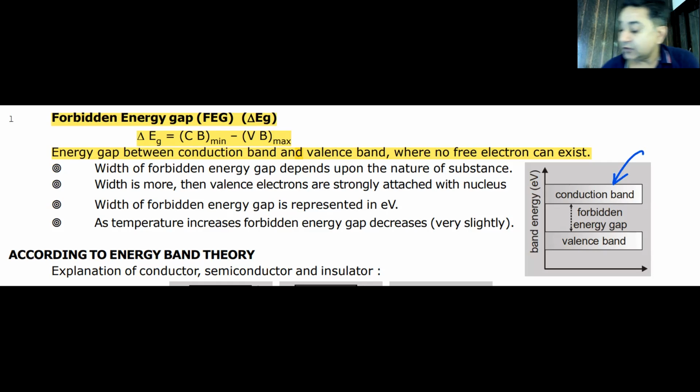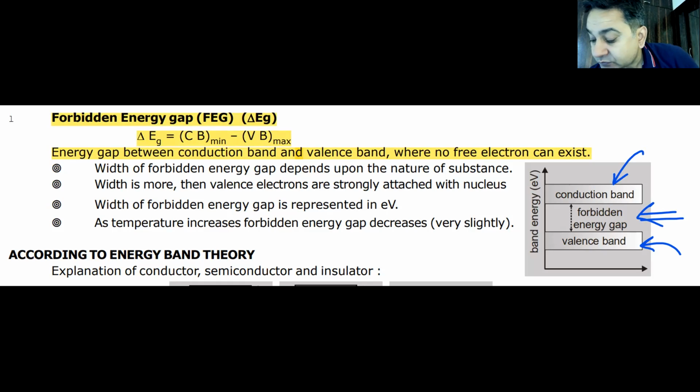Yes, sir. Do we see this valence band? Yes, sir. Electrons are present in the valence band. Very few electrons may be present in the conduction band. There is an energy difference between the two. This energy difference is known as the forbidden energy gap. It is a forbidden zone; electrons are not allowed to go into the conduction band. Do we understand this?